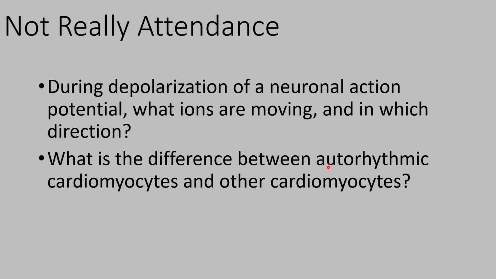Auto, completely on its own without any input from the nervous system. Rhythm, at a regular rate. We saw them at the end of the last lecture, and we're going to see them here in just a moment. But these are special cardiac muscle cells that generate their own action potentials at a regular rate.